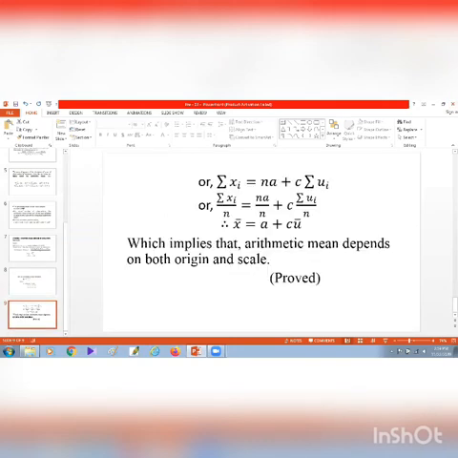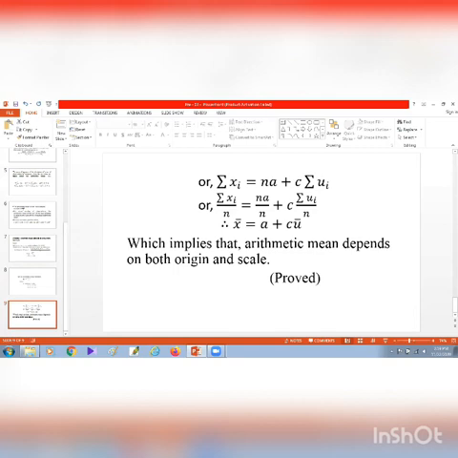Taking summation on both sides, we get summation xi equal to na plus c summation ui, and dividing both sides by n, this is summation xi divided by n, which is equal to na divided by n plus c summation ui divided by n. And this is x bar equal to a plus c u bar, according to the definition of arithmetic mean: x bar equal to summation xi divided by n, therefore u bar equal to summation ui divided by n.